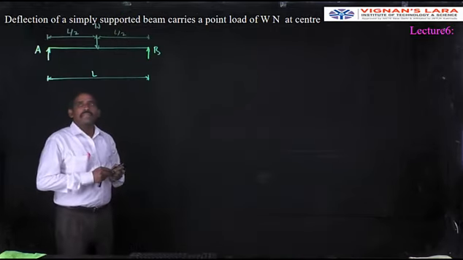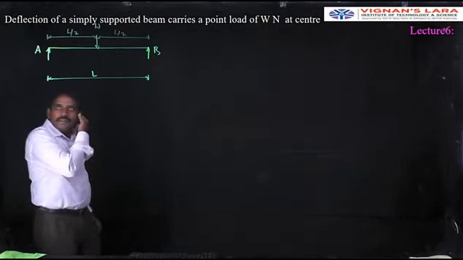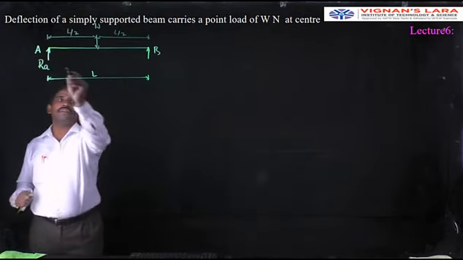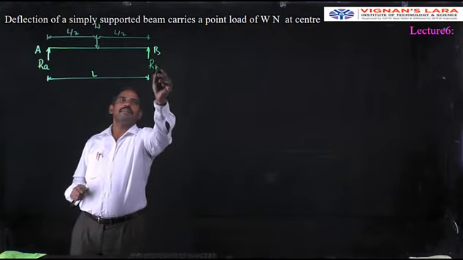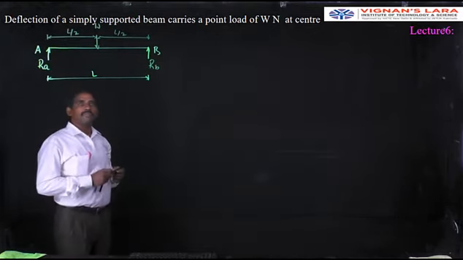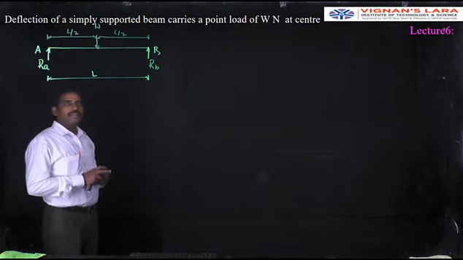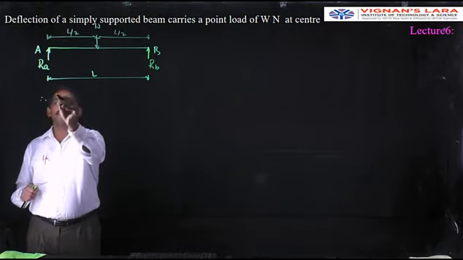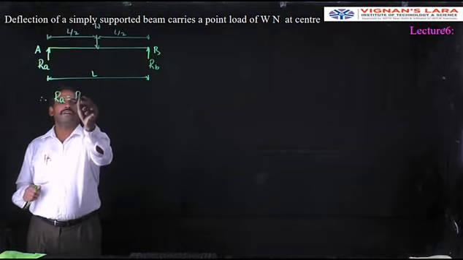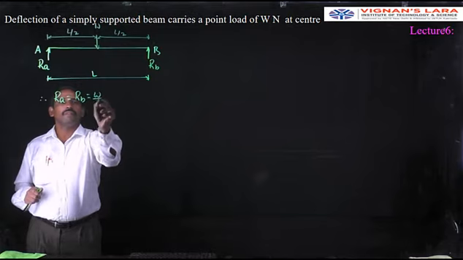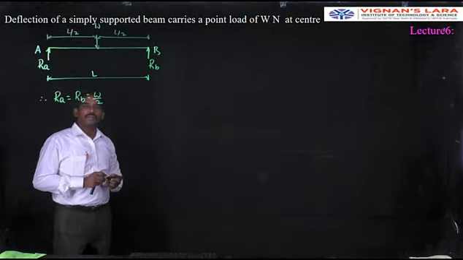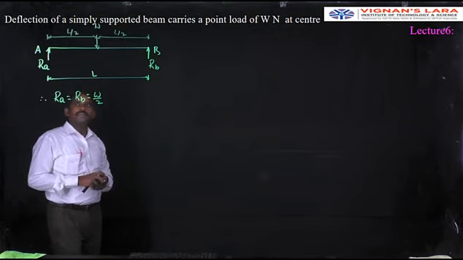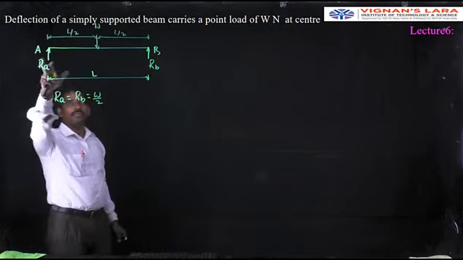Initially, we have to calculate the reaction at A and B. The reaction at A is represented RA, the reaction at B is represented RB. Due to symmetry, the reaction RA is equal to RB is equal to W by 2. We know the procedure to calculate reactions at A and B by using the two simple equilibrium equations.